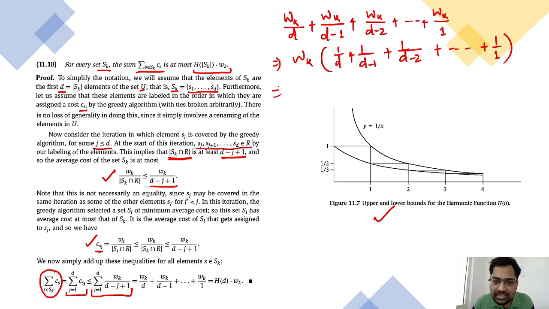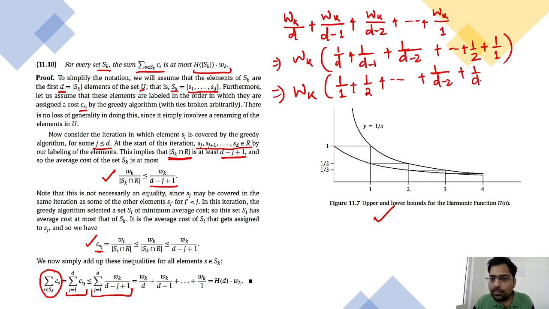I'm just changing it by keeping the same value as earlier, 1 by 2, and adding one more value to it, up to 1 by d minus 2, 1 by d minus 1.